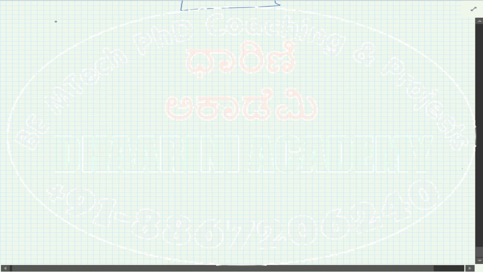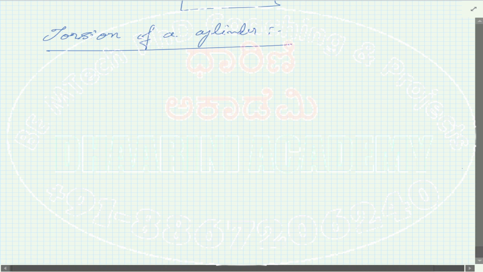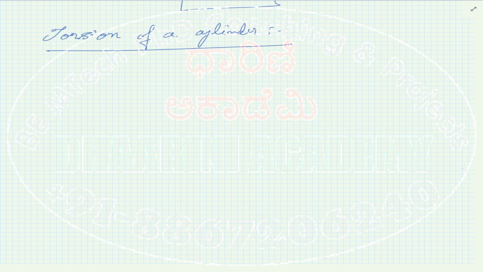This concept is called the torsion of a cylinder. All right, so we need to consider a diagram first. So let's try to write that diagram.